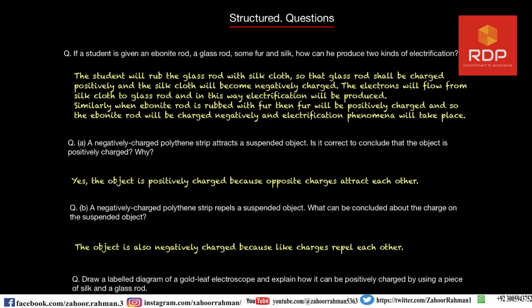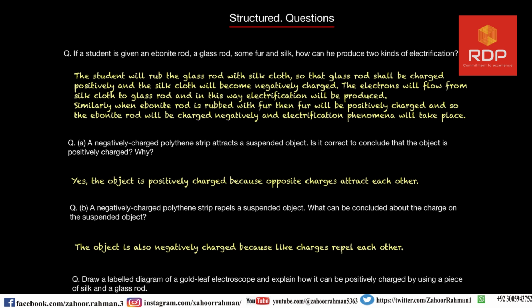So there are 4 items given to the student, and he has to decide how electrification will be produced. So he has to take 2 items and rub them with each other. Now the question is, which item should be rubbed with the other item?